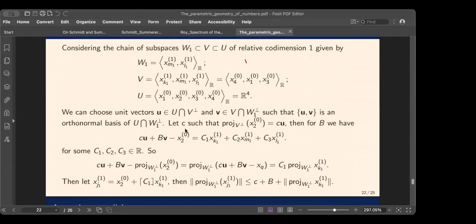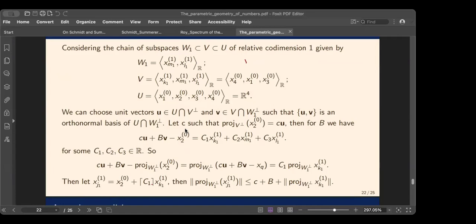In this slide I want to show how to construct the new vector. We can consider a chain of subspaces. W1 is defined by the two horizontal line vectors, and V is where we put xk1 to W1, and U is the whole subspace, the whole R4.